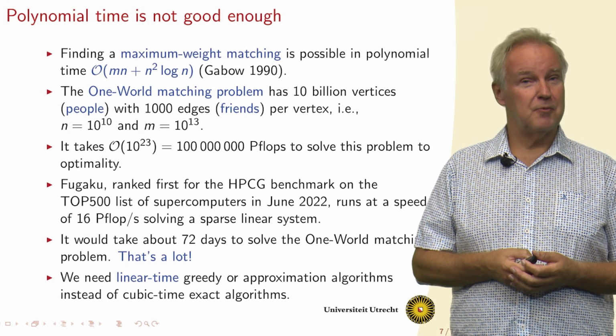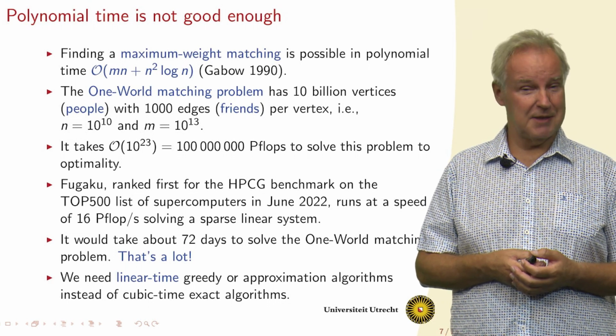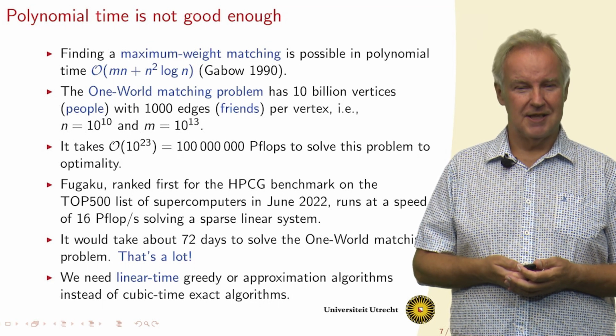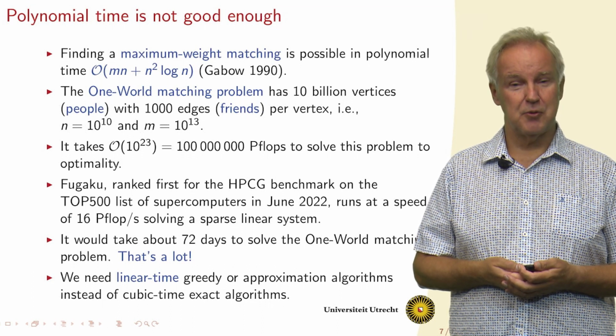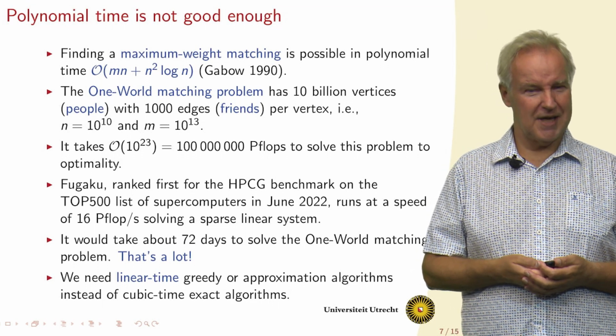Okay, so what is the fastest algorithm to compute a maximum weight matching? It can be done in polynomial time, as Gabow proved in 1990. The order is then m times n plus n squared log n. Now these are big numbers if your graph is big.